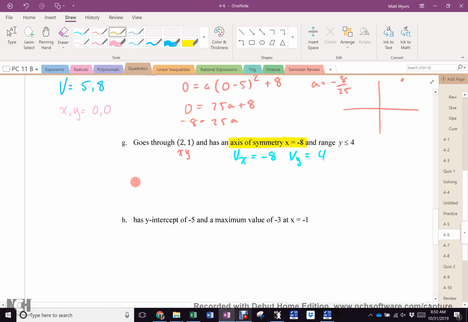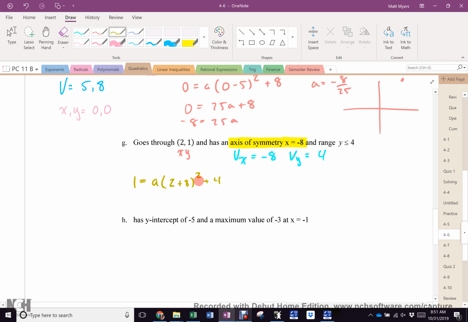What do I put for Y? 1 equals, what do I put for A? A, what do I put for X? 2, what do I put for P? +8 squared. And what do I put for Q? +4. What's 10? 2 plus 8.